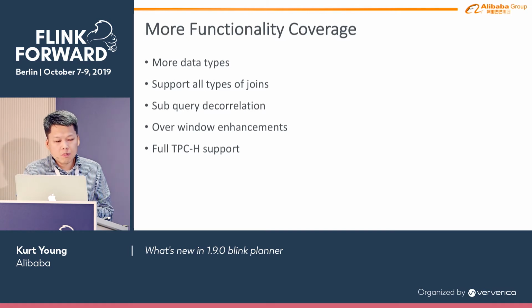We did some subquery decorrelation, making the queries executed as semi-join or anti-join, and we did a lot of over-window enhancements. Adding all these things together, we've already achieved that we can fully support TPC-H queries in 1.9.